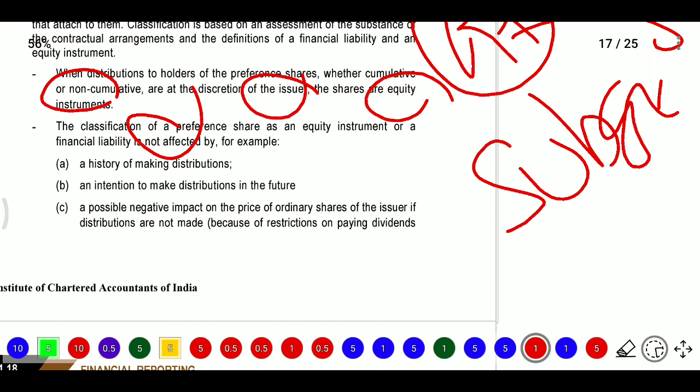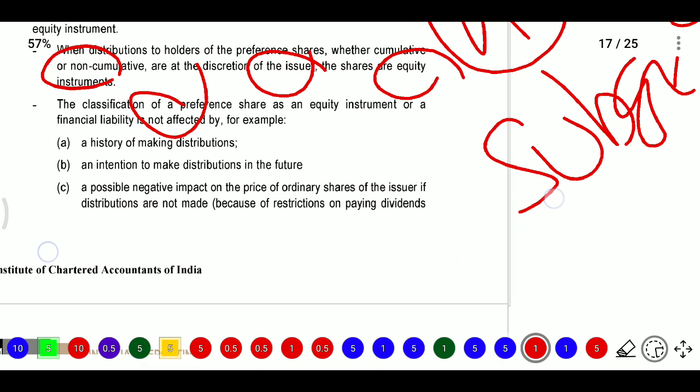So we need to see whether this time it is the issuer's option or the holder's option. We need to see the conditions. The intention to make distributions in the future should not bother us. What we are doing now is the main thing.